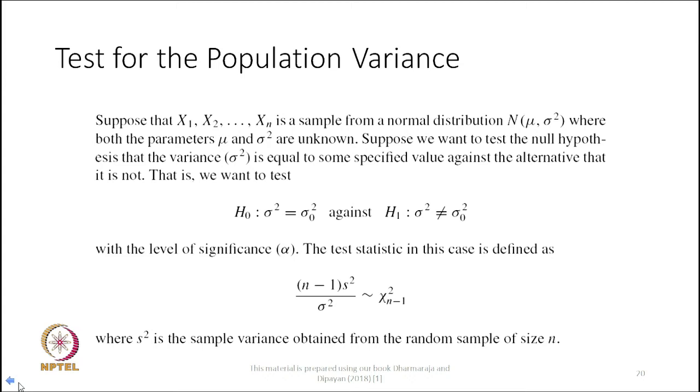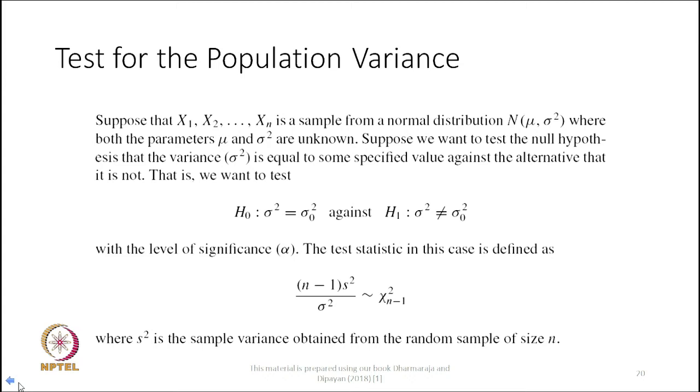As I explained earlier, we have the Neyman Pearson lemma and there are many theories involved. Finally, it will end up as a test statistic, with which you can conclude whether the observed realization of the test statistic value lies in the critical region or not.